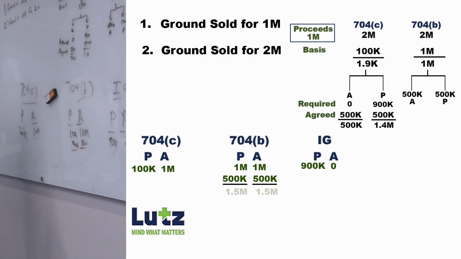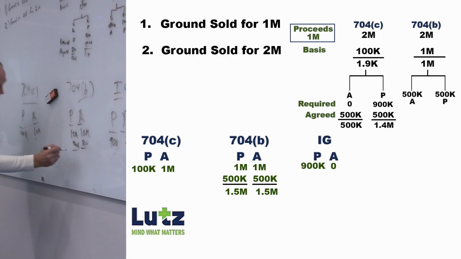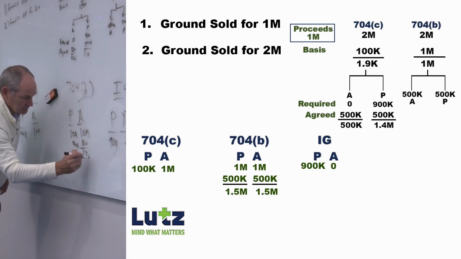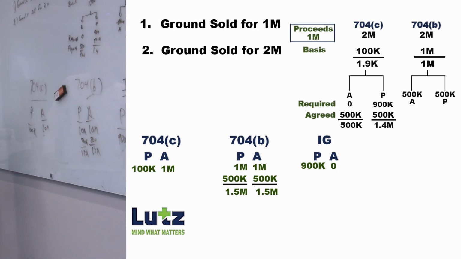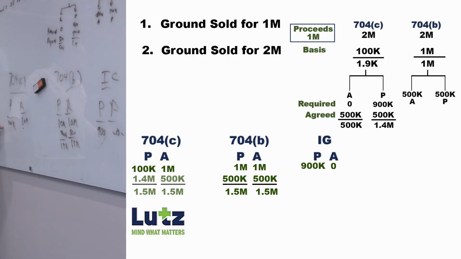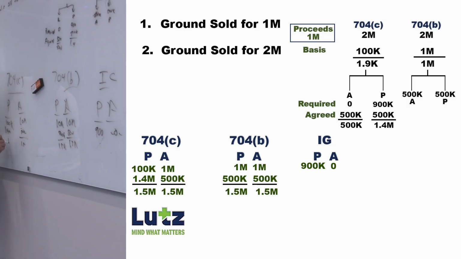What does that foot to? 1.5. How much 704C income goes to Pete? 1.4 million. How much goes to Aaron? 500.